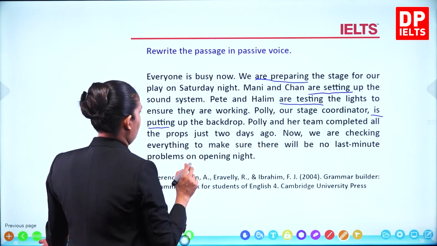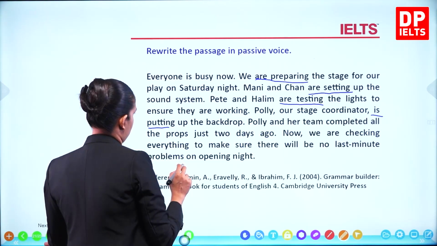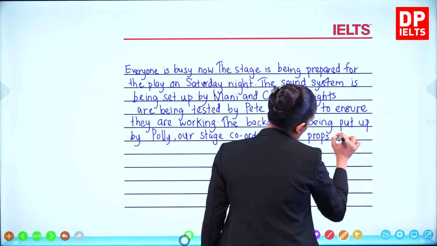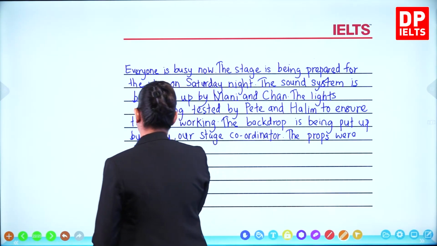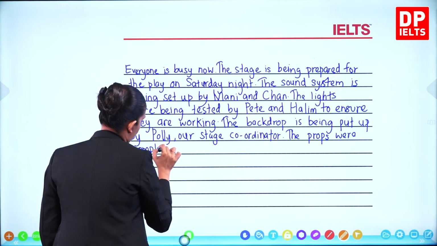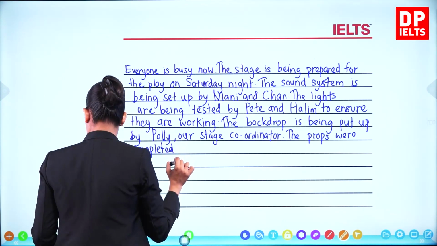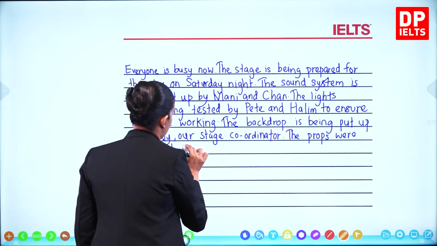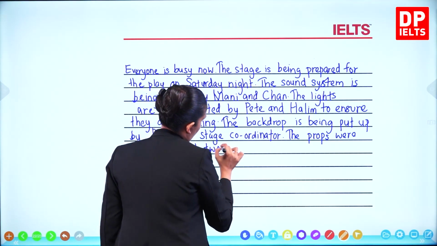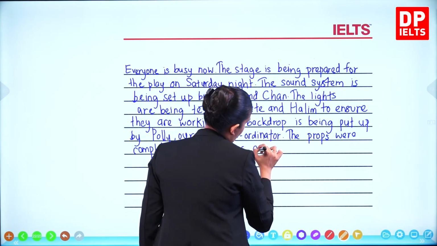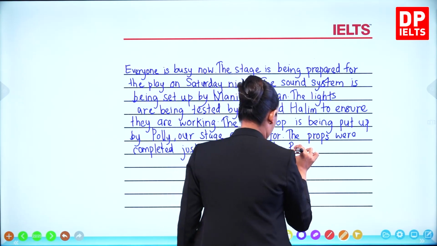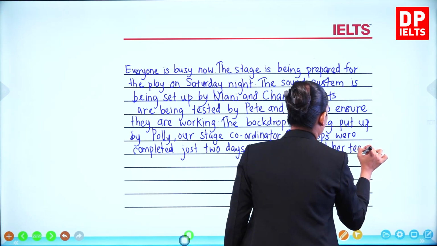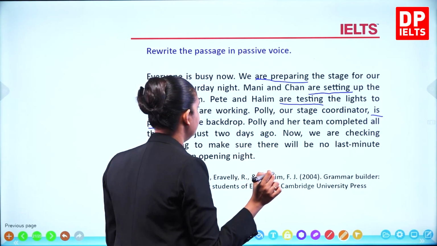So, the props were completed just 2 days ago by Polly and her team. Okay, so it's by Polly and her team.